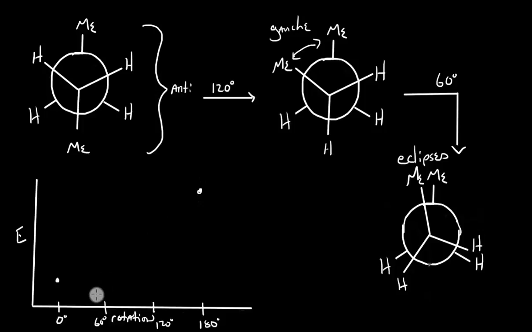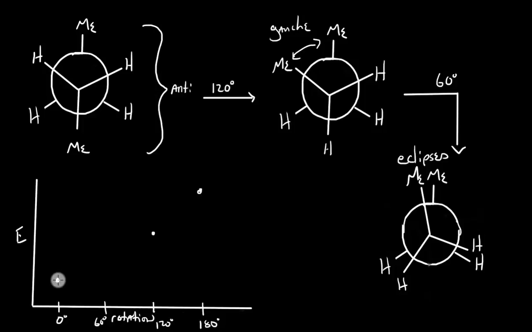And we're kind of neglecting the 60-degree orientation, but the 120, after we do that 120, it's going to look like this. It's going to be a little bit higher in energy than the beginning and a little bit lower in energy than the end. If we took the time to draw out the 60-degree Newman projection, we would see that we would get another kind of eclipsed orientation, and so that energy is going to be a local maximum.